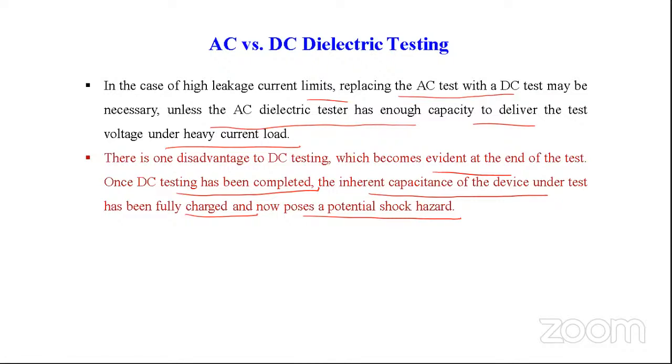Otherwise, it basically creates problems if laboratory people unknowingly touch the test equipment or test object. Okay, so there is a chance of a shock hazard if this test object retains its charge. Okay.